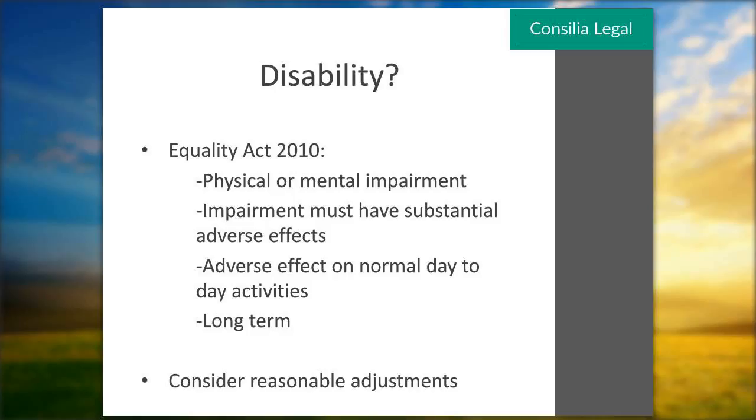The key here is reasonable. Do you have to take on 2 people to do one person's job? That probably wouldn't be reasonable. But could you change hours? Maybe. Could you give a later start on particular days if somebody has an arthritic condition or a stomach complaint, which means they can't get into the office until later in the day? Yes, you should be considering that.